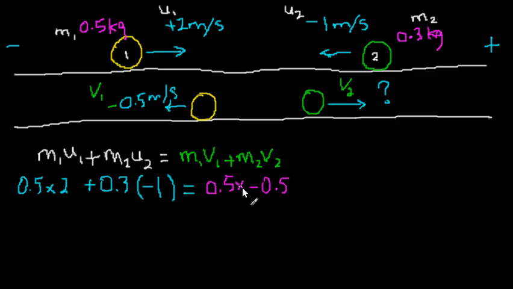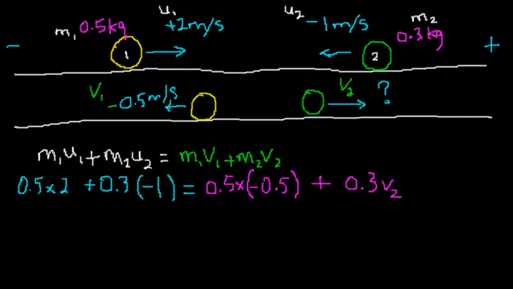I'll put again a bracket around it to avoid confusion. Plus m2 times v2. m2 is 0.3, v2 is what I want. So 0.3 times the unknown v2. Okay, it doesn't look too bad.